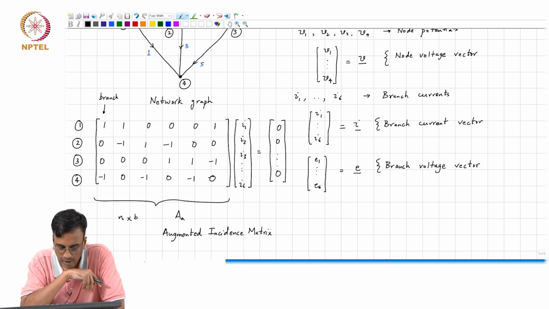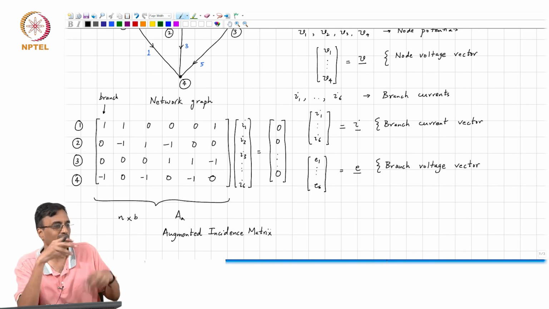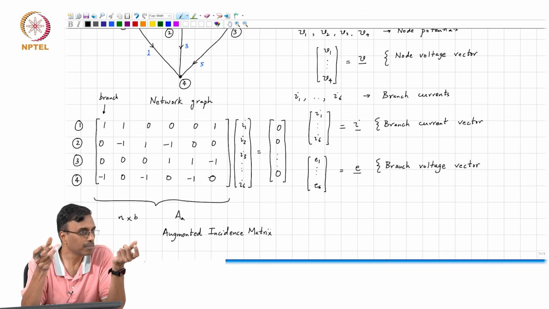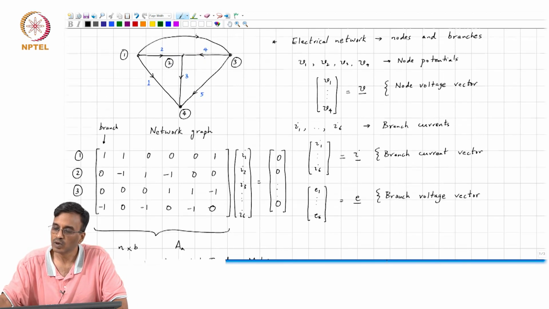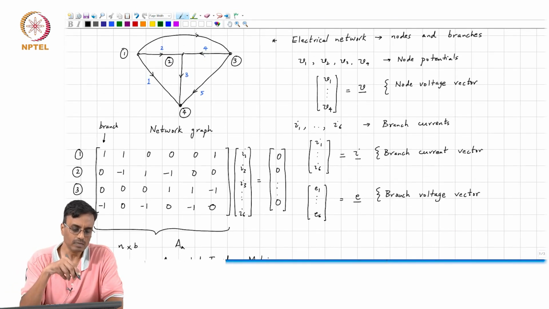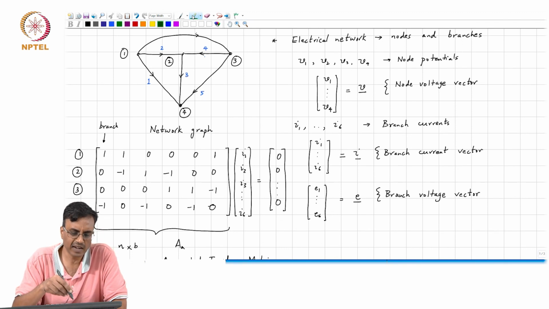Why does it make sense to call it an augmented incidence matrix? Augmentation basically means adding something extra. And actually, if you stare carefully at this matrix, you can see that, physically speaking, it is not necessary to write KCL at all nodes.